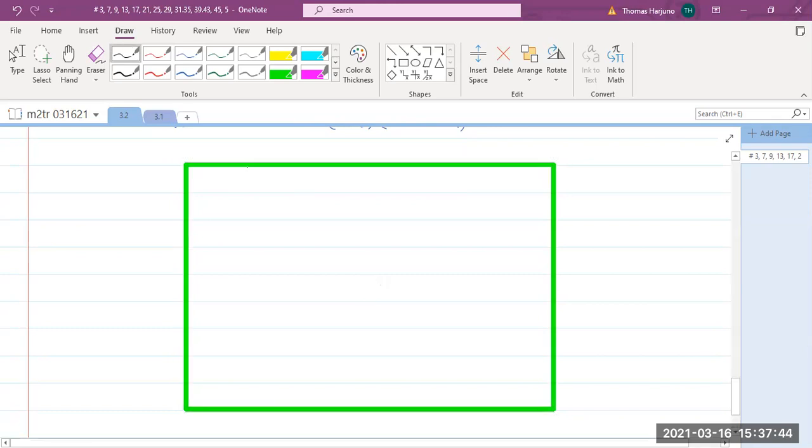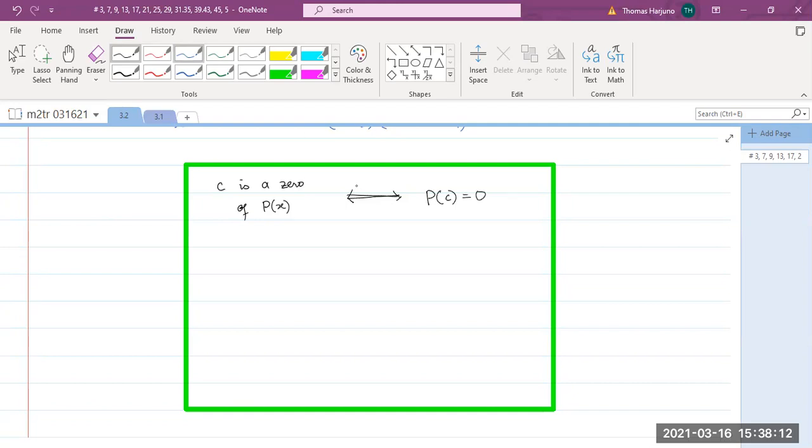First, if we say c is a zero of a polynomial p(x), by definition, it means p(c) equals 0. That is by definition for every function, not only for polynomials.